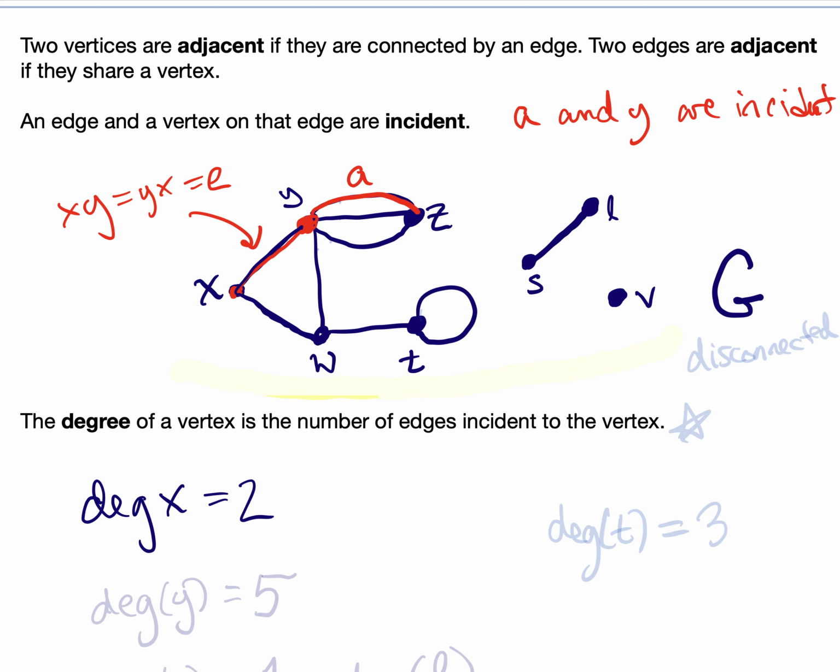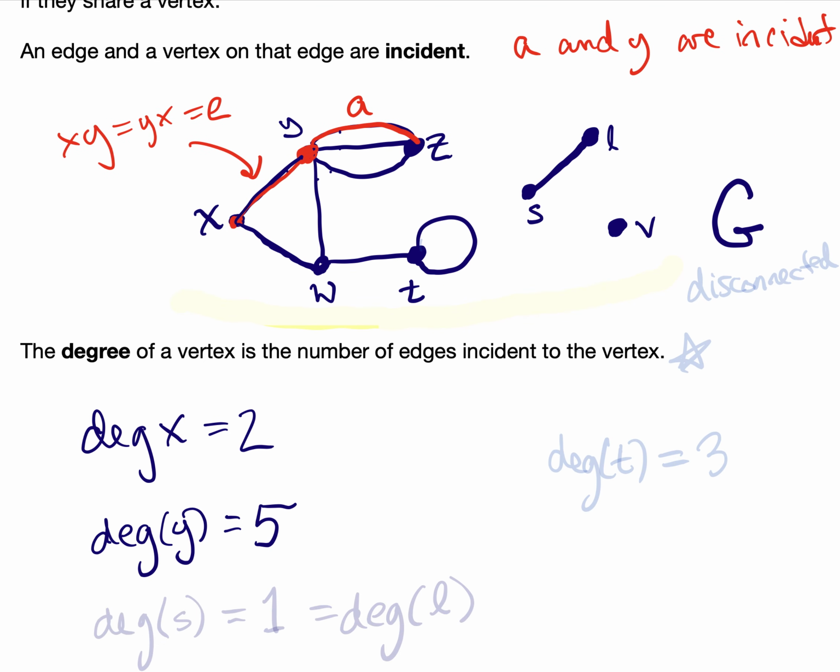And the degree of the vertex y is 1, 2, 3, 4, 5. The degree of the vertex y is 5 because y is incident with 5 edges. The degree of the vertex s is 1, and the degree of the vertex L is also 1. They're each just incident with 1 edge.